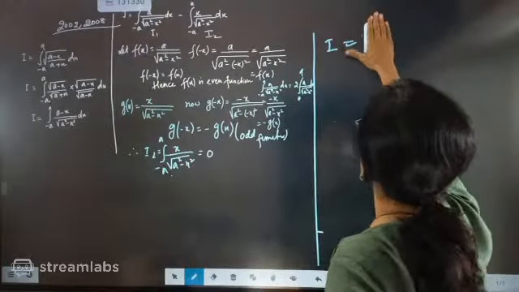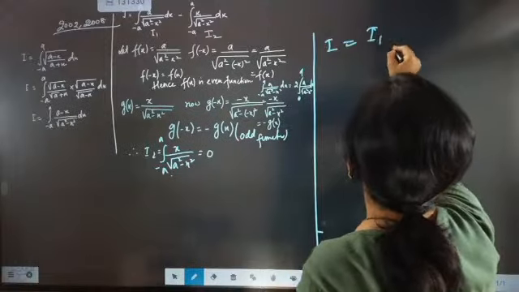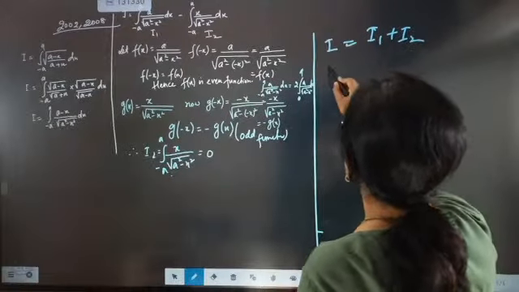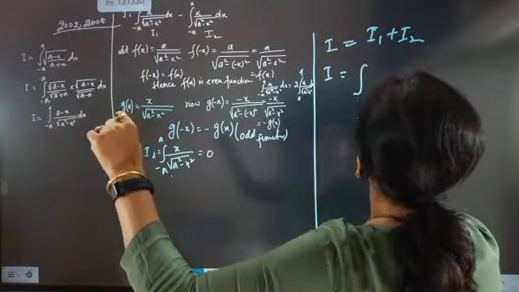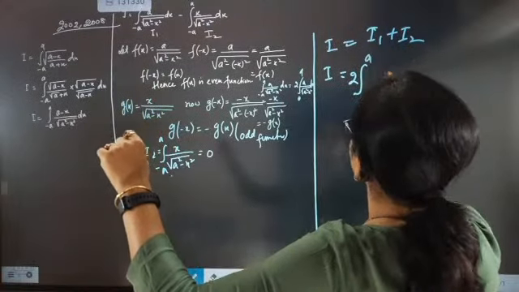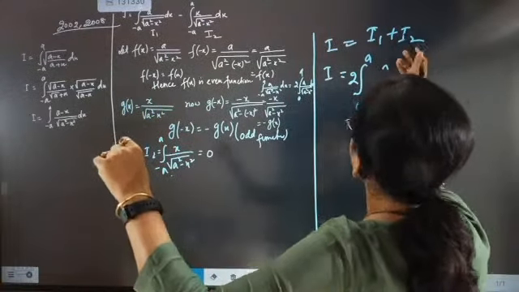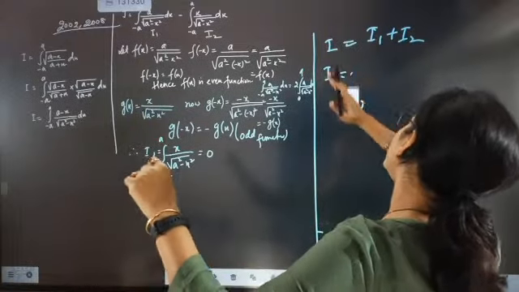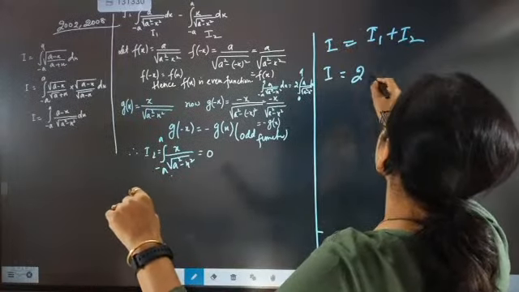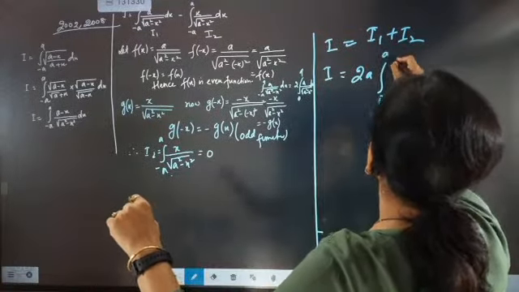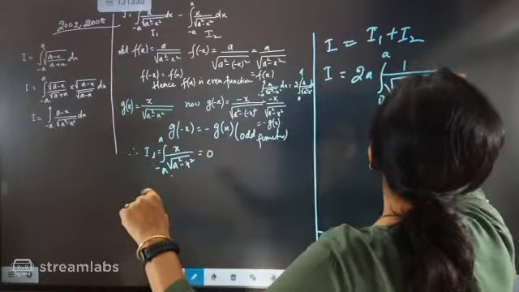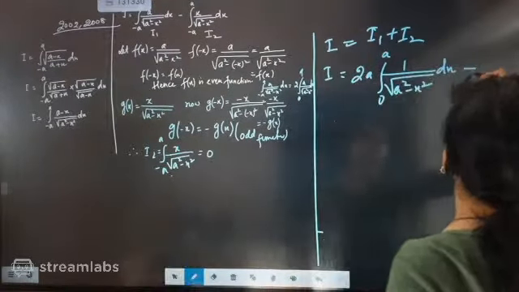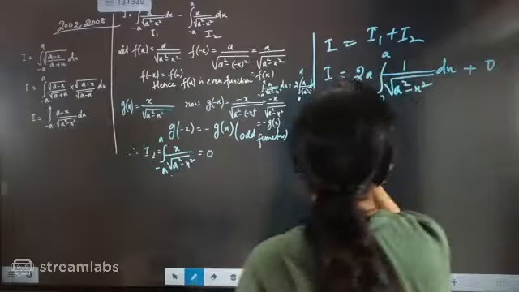Once you write I1 plus I2, I will be equal to I1. I1 part we write as 2 will be there, 0 to a, and a can also be taken out because a is constant. So 2a, 0 to a, 1 by root under a square minus x square dx. And this part is going to say bye bye by being 0.